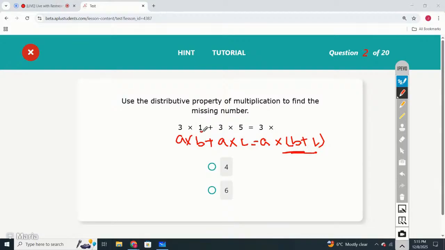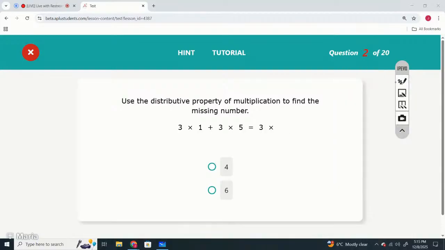So 1 plus 5 is the missing number because you already have 3 over here. B plus C, that would be 5 plus 1. So that is 6. So the missing number is 6. Option number 2 is the correct option. The correct option is 6.